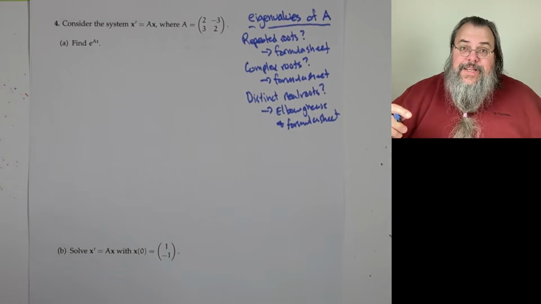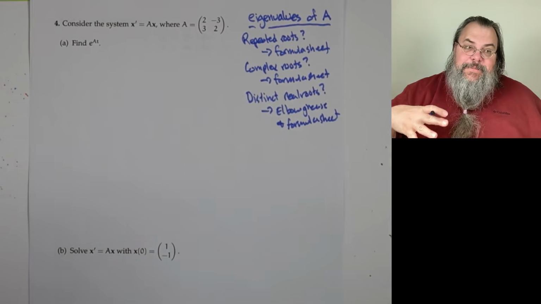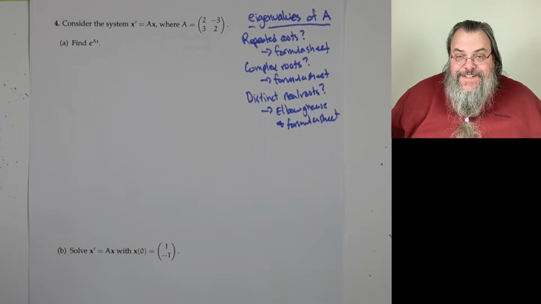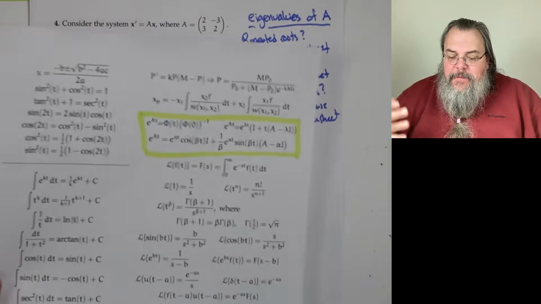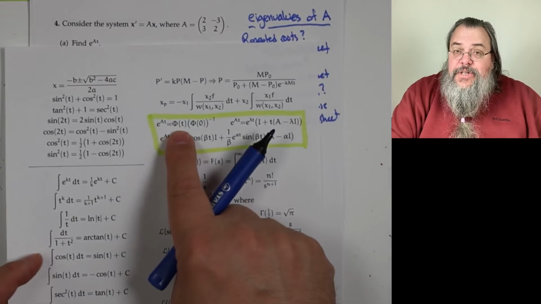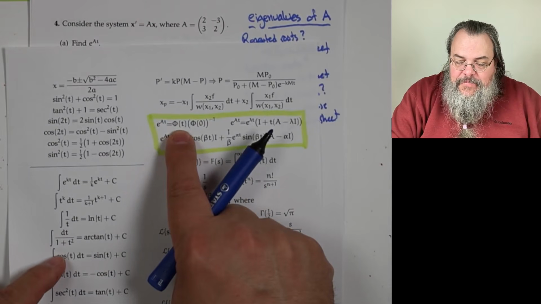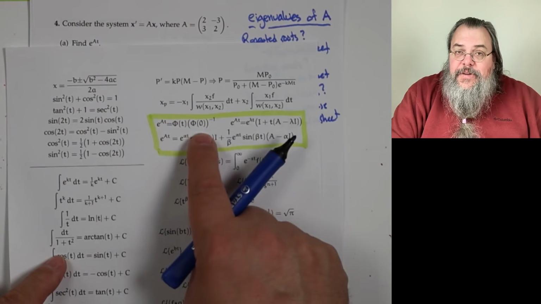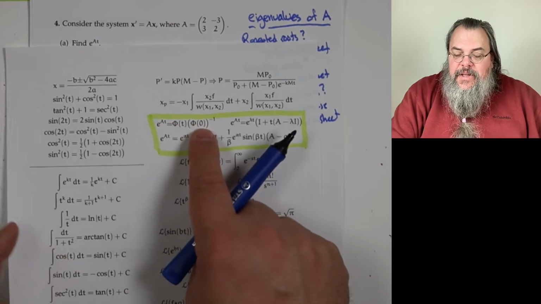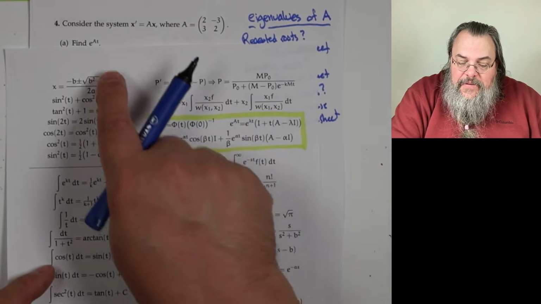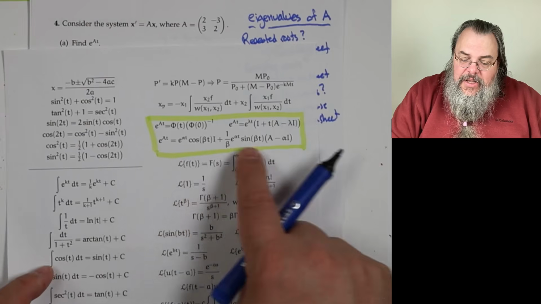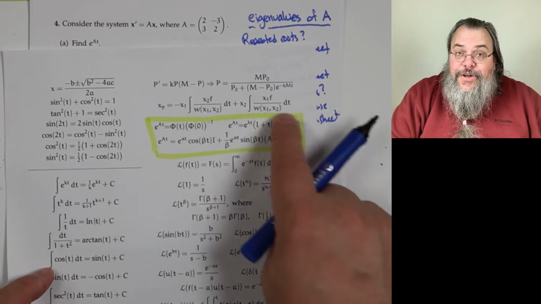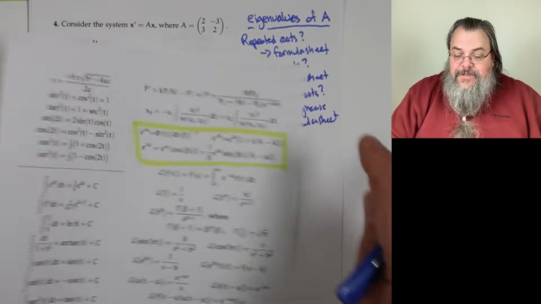E to the AT is the fundamental matrix. It's like the best one. So what we can do is a little bit of elbow grease to find phi of t, which is a fundamental matrix, and then we use this fact here to find e to the AT. So if you have anything which asks for e to the AT, this is your friend. You want to use this.